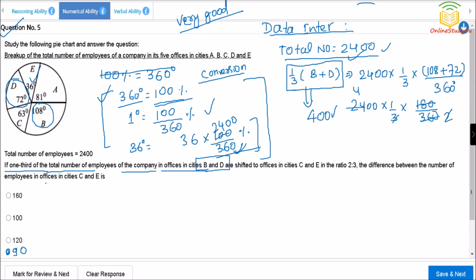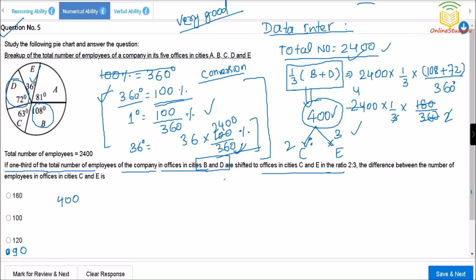Now, friends, 1/3 of the total number of employees of the company in offices in cities B and D are shifted to offices in the cities C and E in the ratio 2:3. Now these 400 employees are going to shift to the offices C and E in the ratio of 2:3.